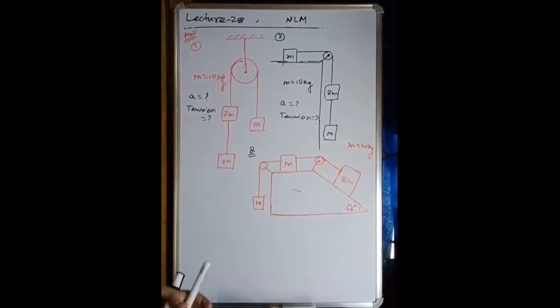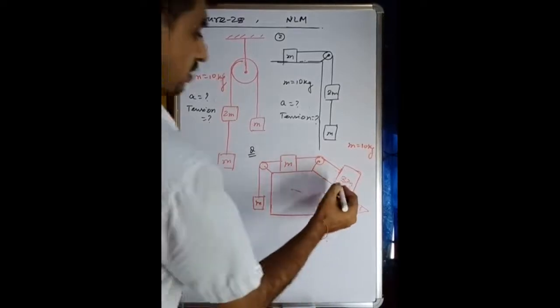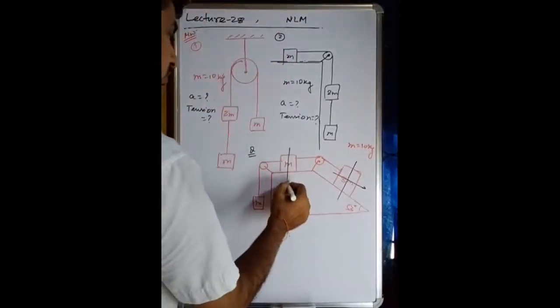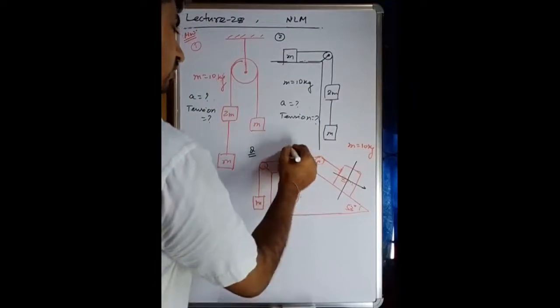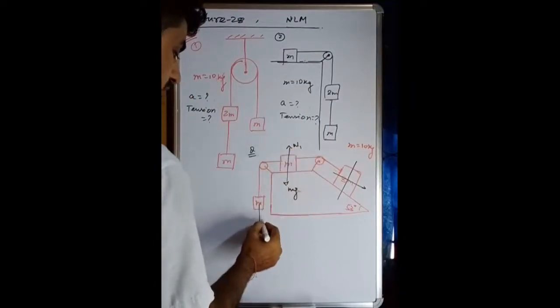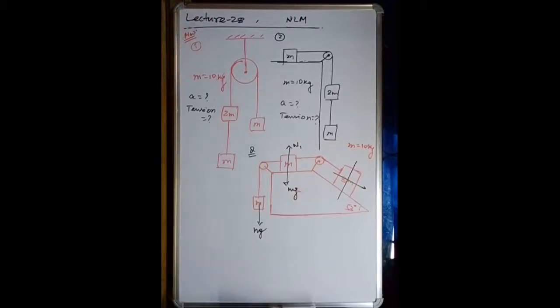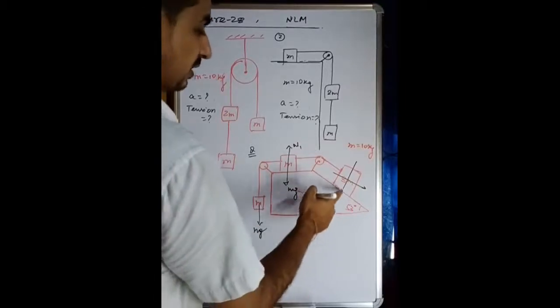Now let me solve this question. This is the inclined plane. Here are mg and the normal. Remember, don't use the normal here because this body is not kept on the surface, but this one is kept on the surface.